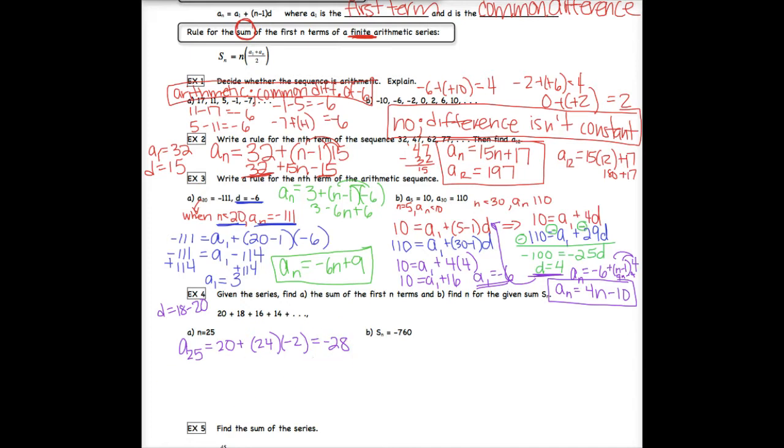That's important because I can't solve the sum till I know the first and the last term. So s sub 25, which is what I'm looking for, equals n, which is 25, times first term, which is 20, plus last term, which is negative 28, divided by 2.